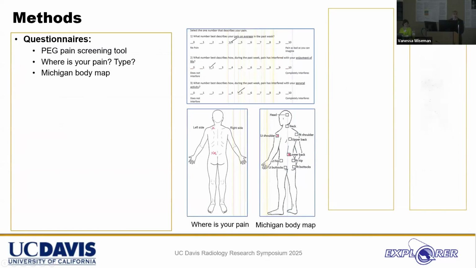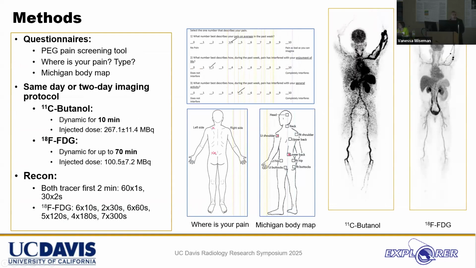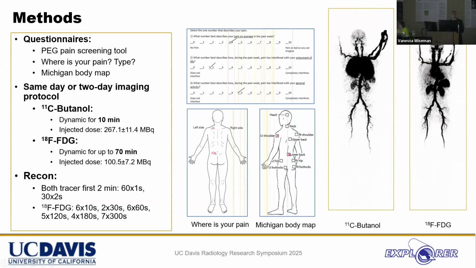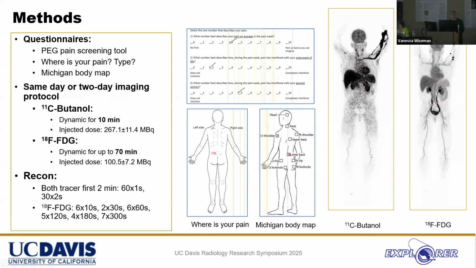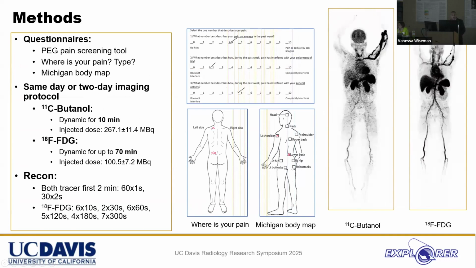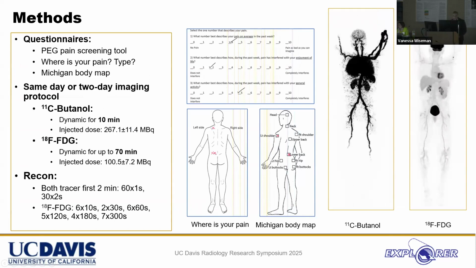Our subjects completed multiple questionnaires, including the Where Is My Pain diagram, and they were scanned. Two-thirds of them were scanned using a one-day protocol where the butanol and FDG scans took place on the same day, and we reconstructed high temporal resolution frames in the order of 1 and 2 seconds.